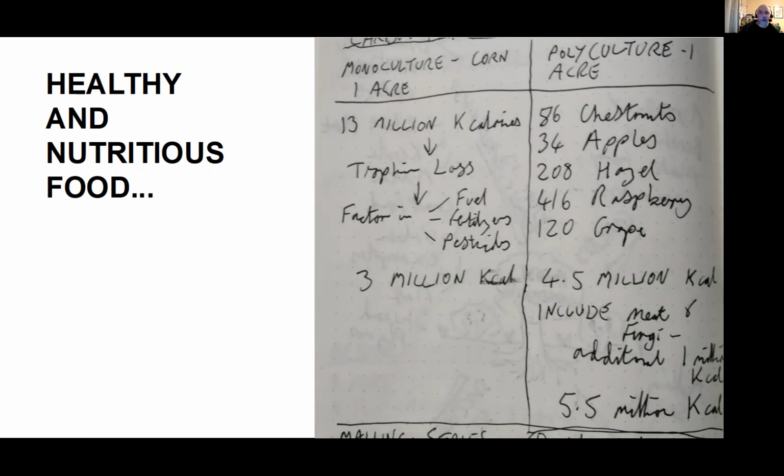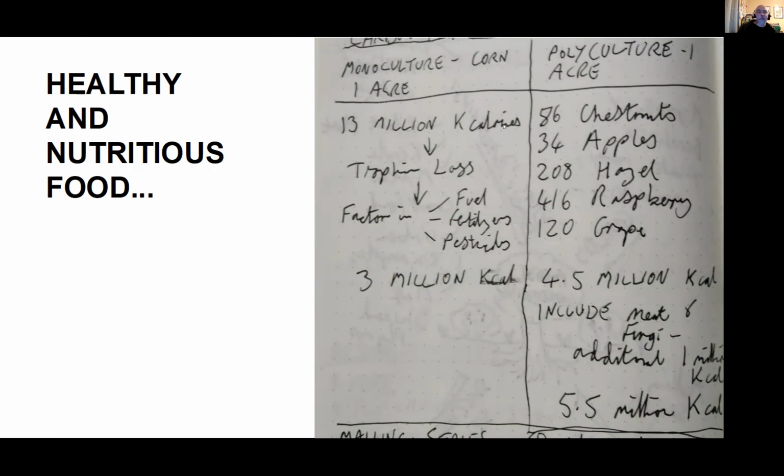As a monoculture, he reckoned that an acre of his land growing corn and nothing else could potentially produce 13 million kilocalories of food, which looks pretty impressive.